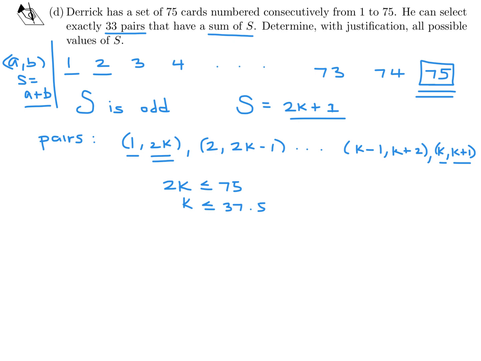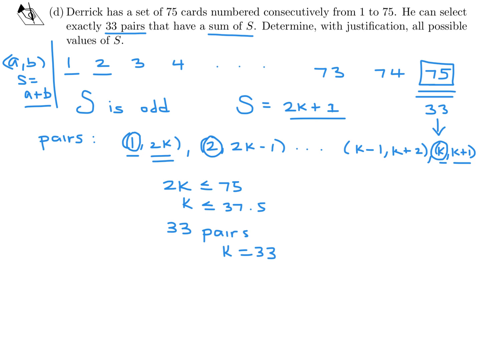The most important thing in this question is that we have to have 33 pairs. Since this is in consecutive order, 1, 2, 3, 4, all the way, this has to be 33. So k in this case has to be 33.